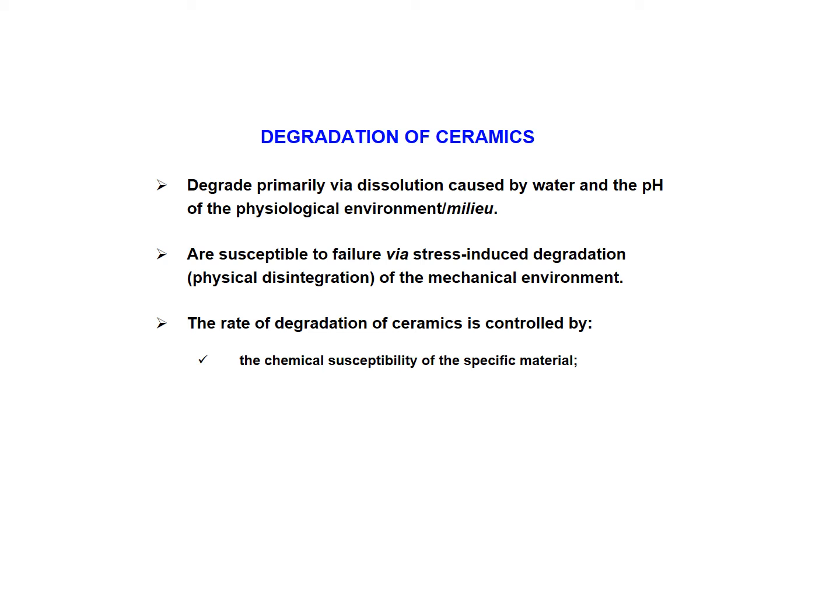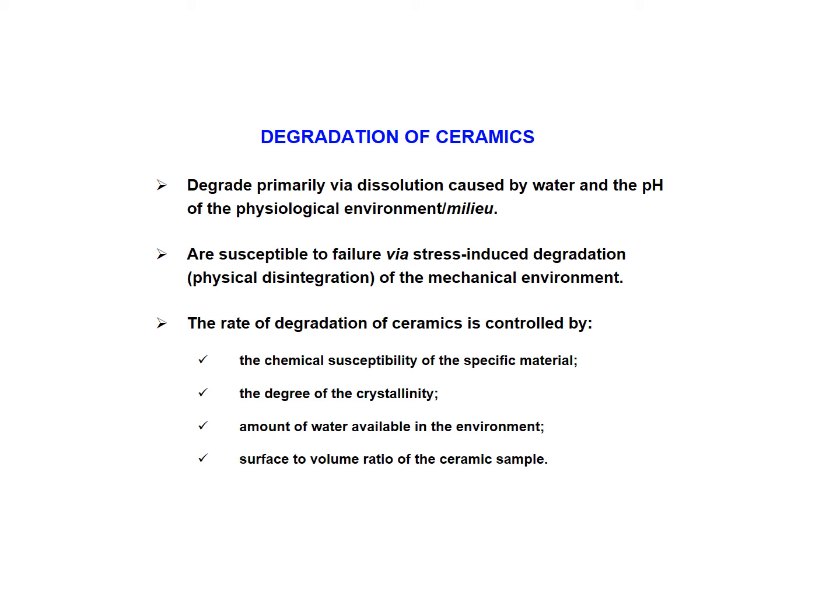Alumina and titania are the ceramic layers formed on the metals aluminum and titanium respectively when those metals are exposed to an environment which has oxygen, like air. Another parameter for the rate of degradation of ceramics is the degree of their crystallinity, and last but not least, the amount of water available in their environment.